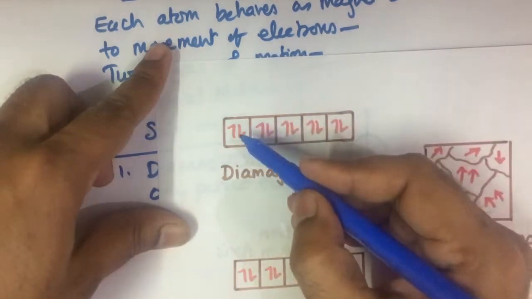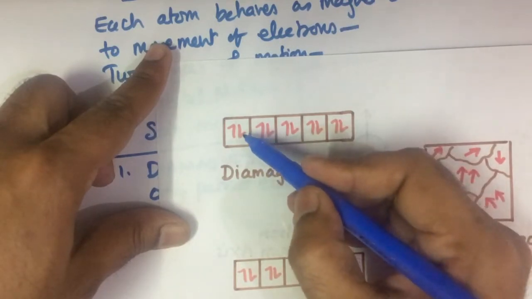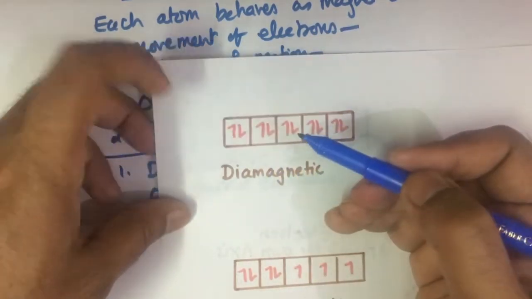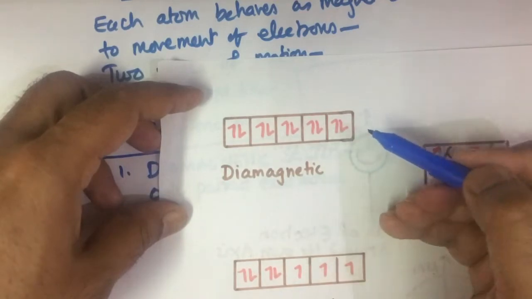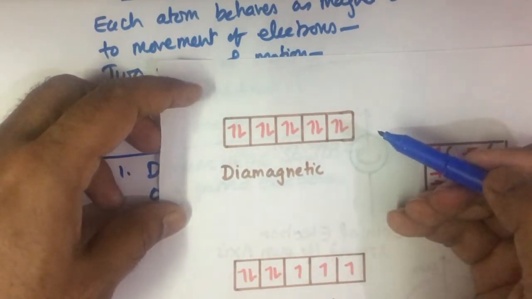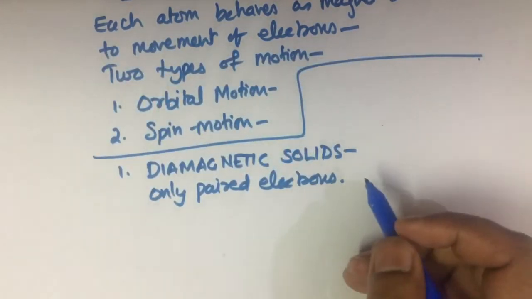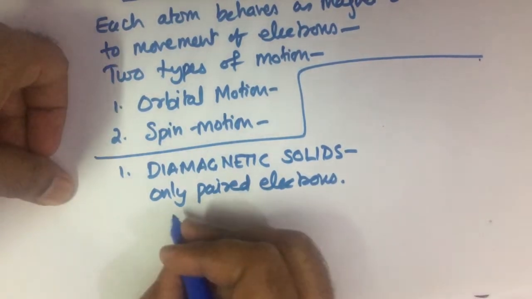The magnetic moment of each electron is cancelled by its pair. Hence the resultant magnetic moment of this substance is 0, and they are weakly repelled by an external magnetic field.